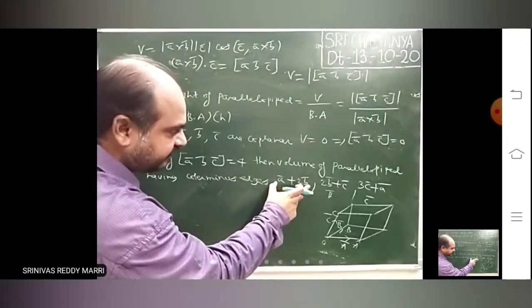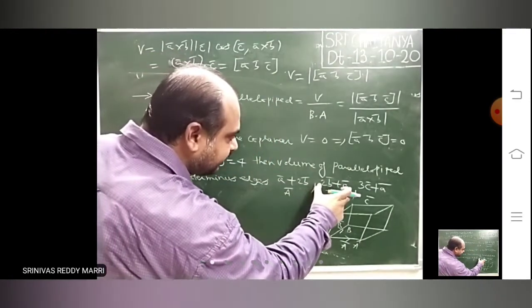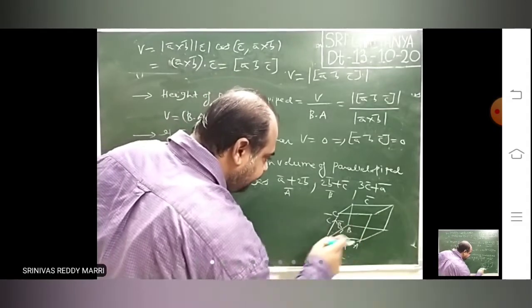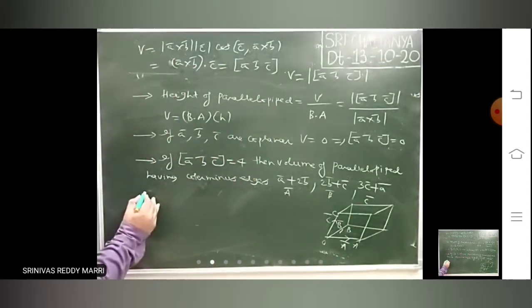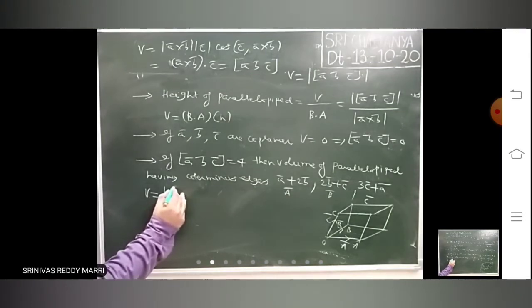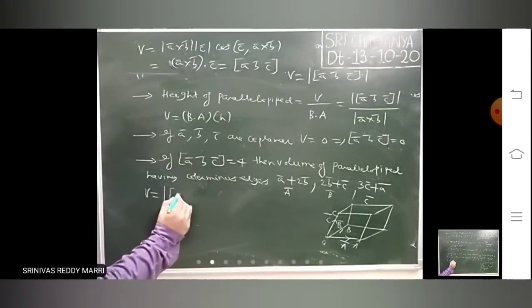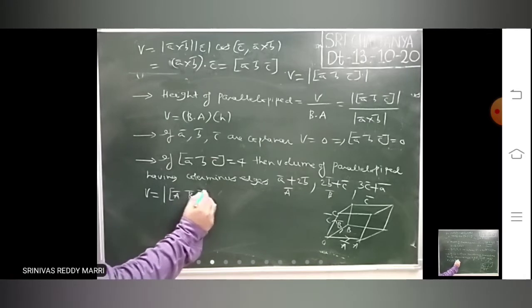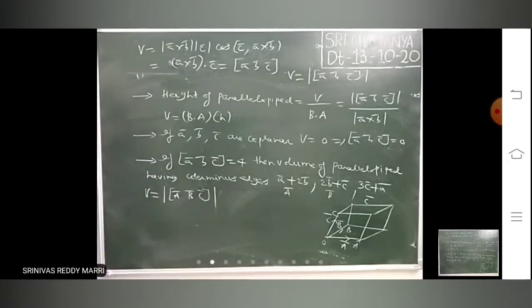Those are given. So the volume is nothing but modulus box of A bar, B bar, C bar. The scalar triple product of these three vectors is nothing but the volume.